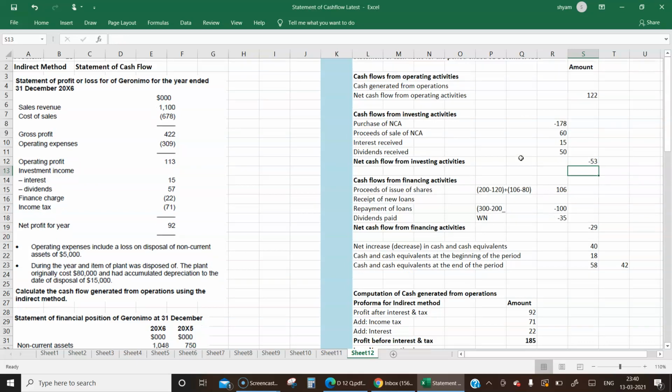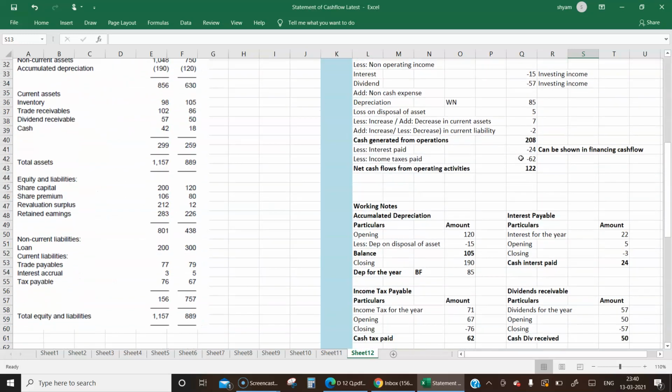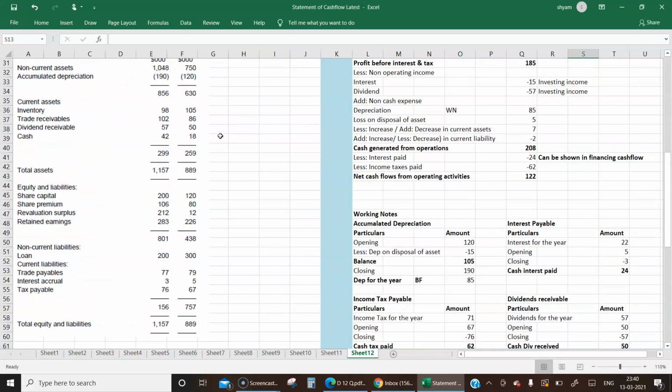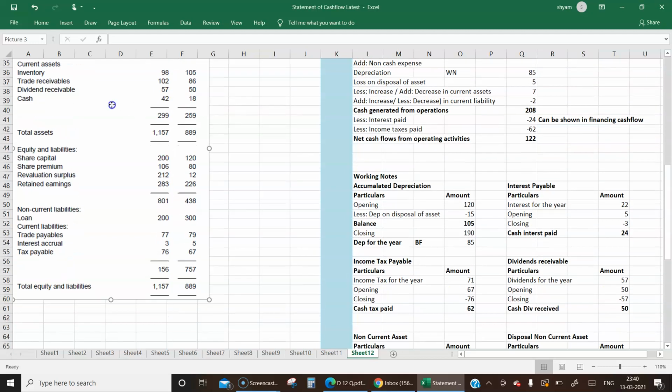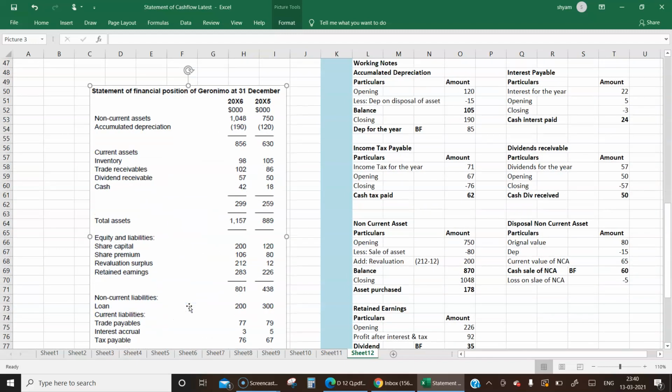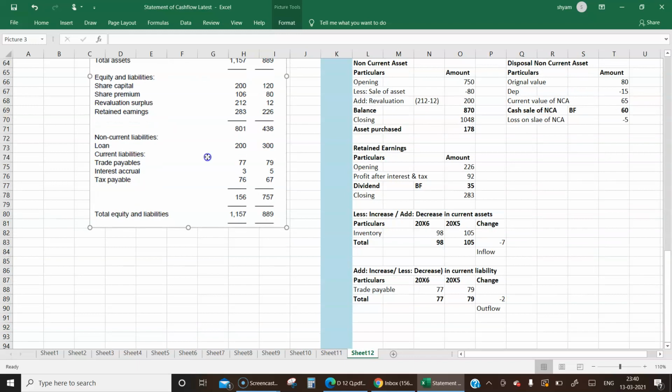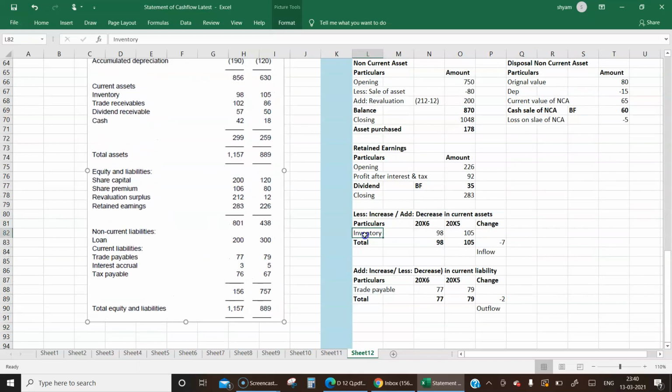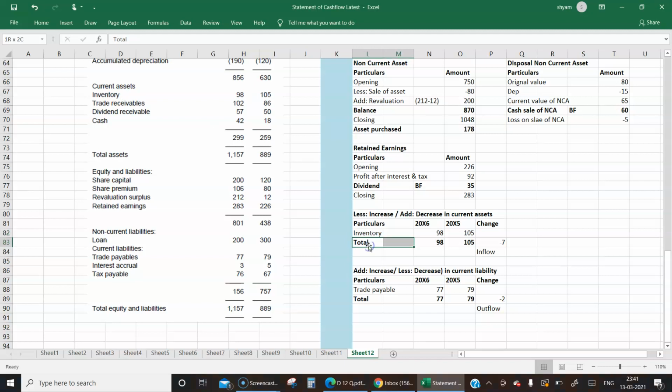Okay, so we got a much different answer. And one more mistake we made is in the calculation of current assets. So let's bring this number a little bit lower. Okay, we'll put it here. So the current assets that we had are inventory and trade receivables.